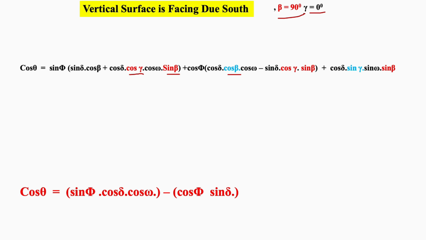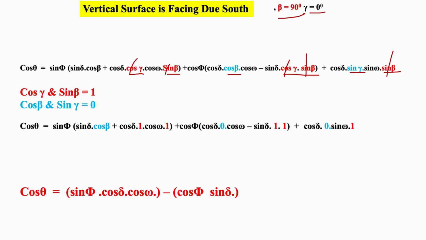We know that sin 0 is 0 and sin 90 is 1, and cos 0 is 1 and cos 90 is 0. If you place these values here, cos gamma and sin beta will be 1, and the value of cos beta and sin gamma will be 0, and the new equation will be here.